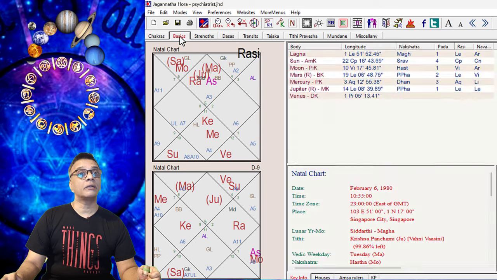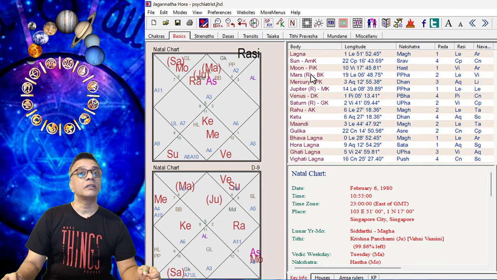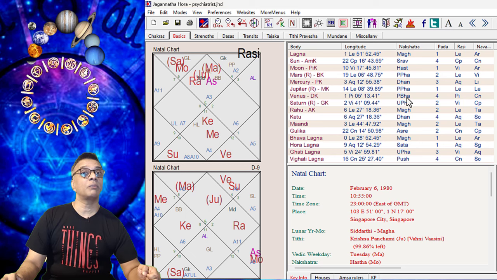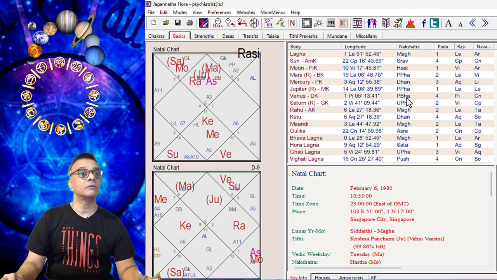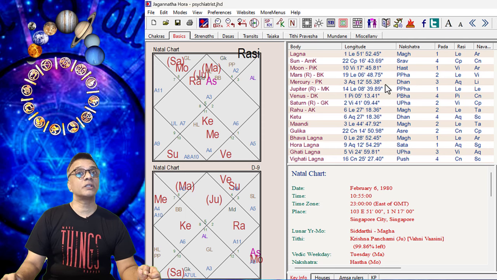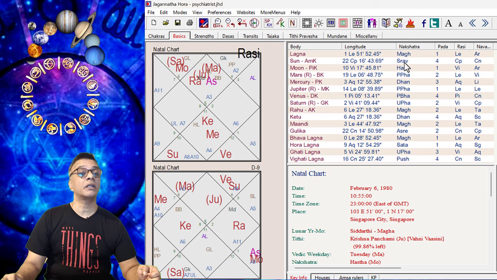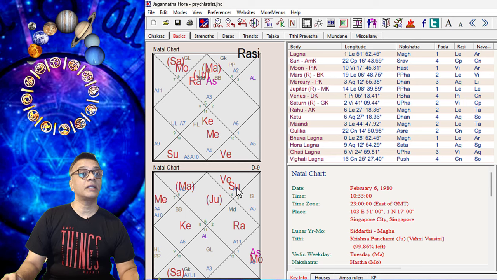And if you look at which nakshatra Venus is placed in, you will find that Venus is placed in Purva Falguni, which is its own nakshatra. So a very strong placement. Sun is placed in the Shravana nakshatra, which is the nakshatra of Moon. And Sun is also in the Cancer sign in the 12th house.